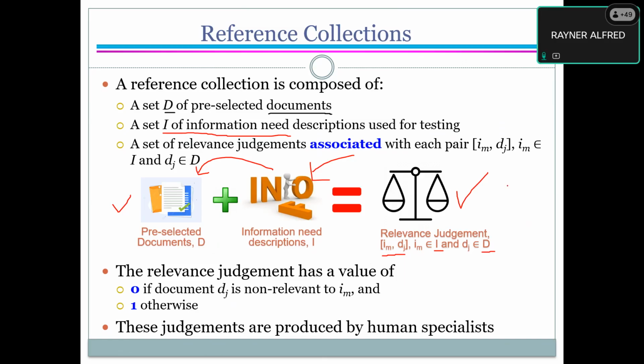So if the document is relevant, then we say that this is 1. If the document is not relevant, then 0. Okay, so we mark them 1 or 0, whether they are relevant or not.